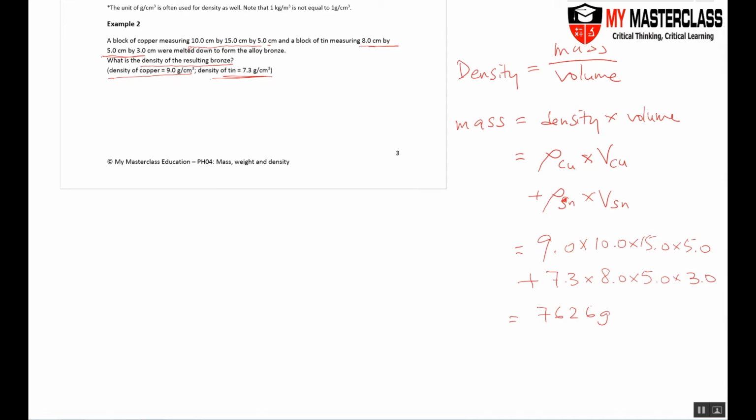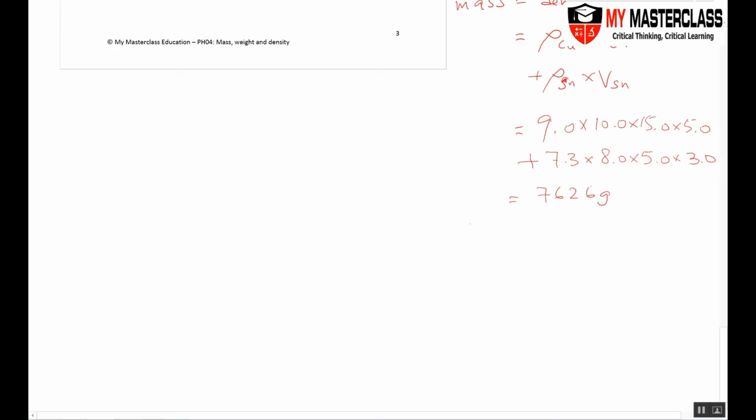Next, let's move on to find the total volume. The total volume of the bronze is, of course, the total volume of the copper plus the total volume of the tin. So, volume of copper plus volume of tin.